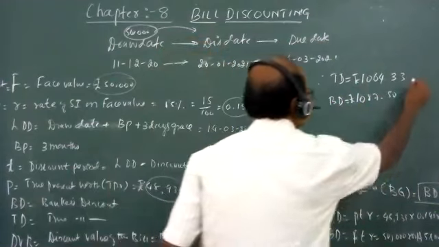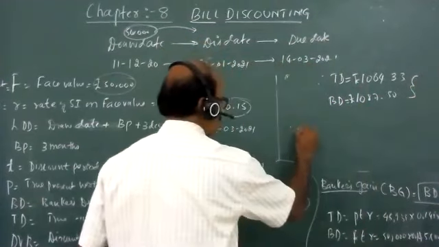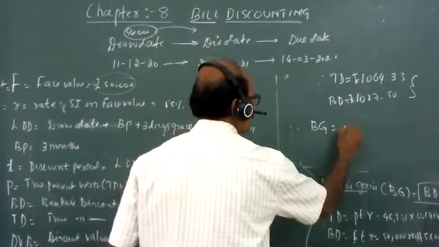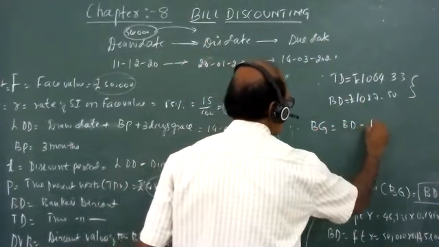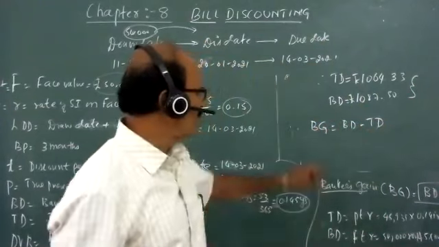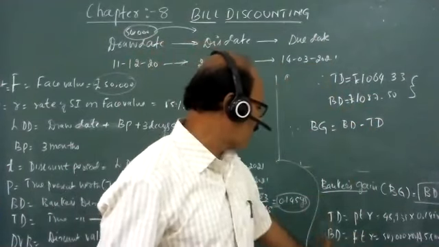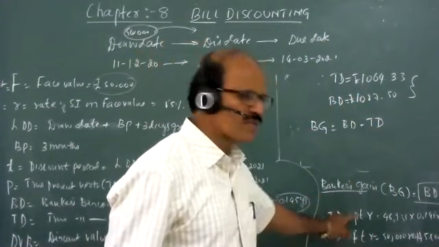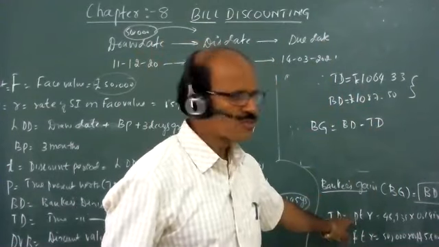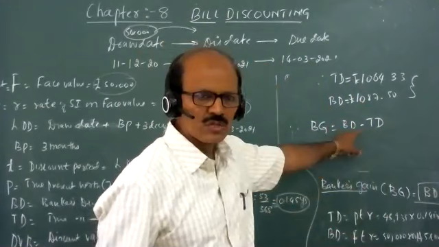Now this subtraction: therefore, banker's gain is equal to banker's discount minus true discount. Always remember, banker's discount is more than true discount. Why? Banker's discount is calculated on the face value, true discount is calculated on the present value. So definitely the banker's discount is more than the true discount.